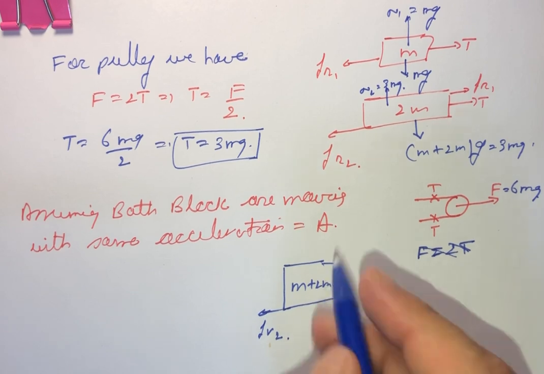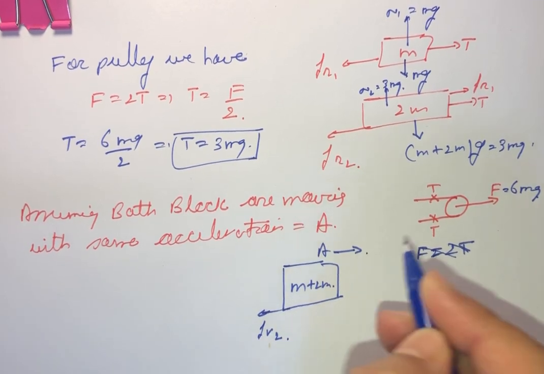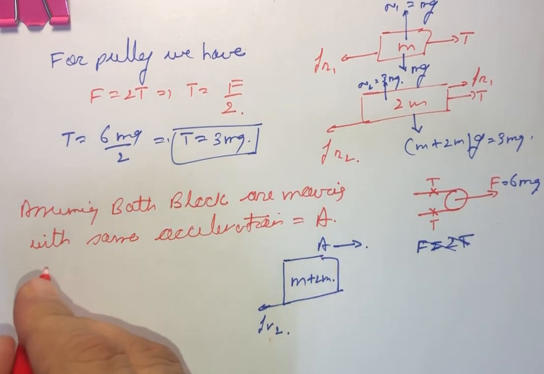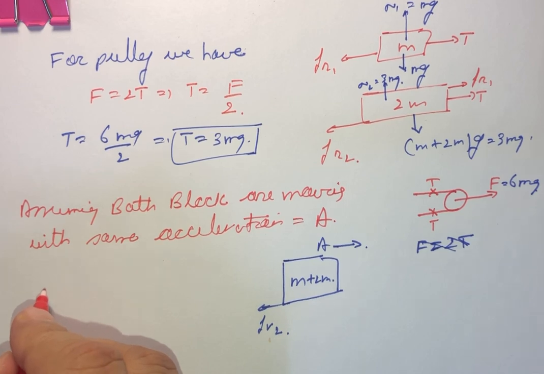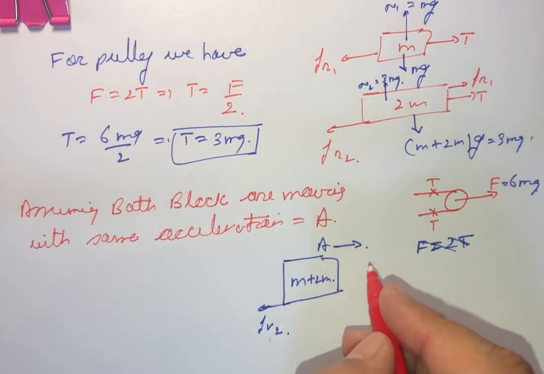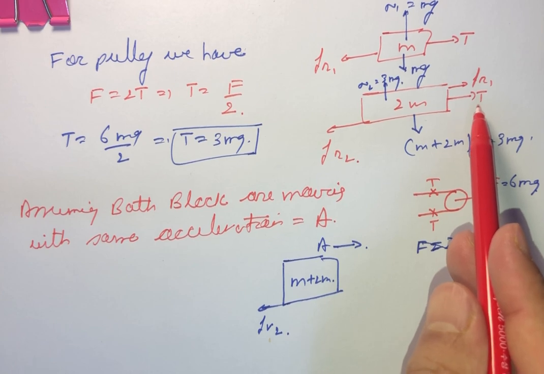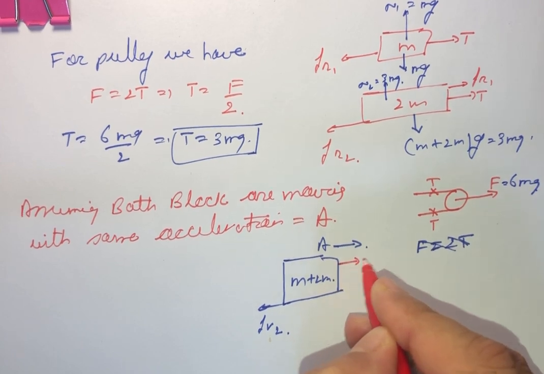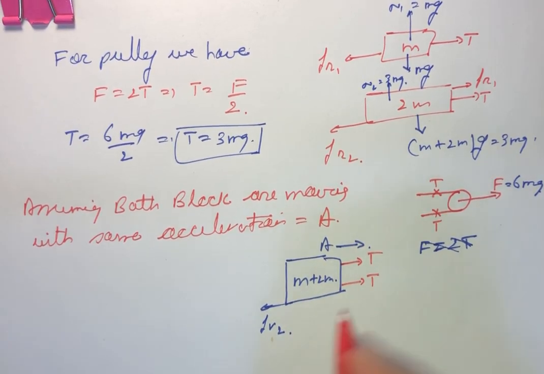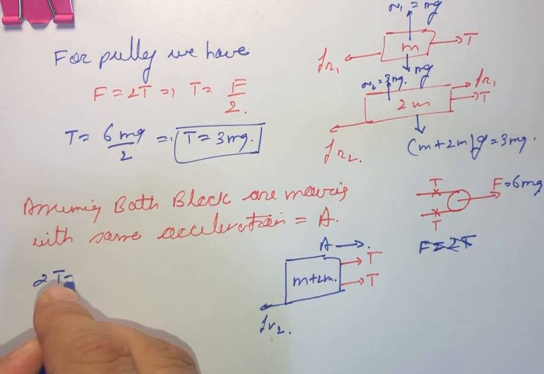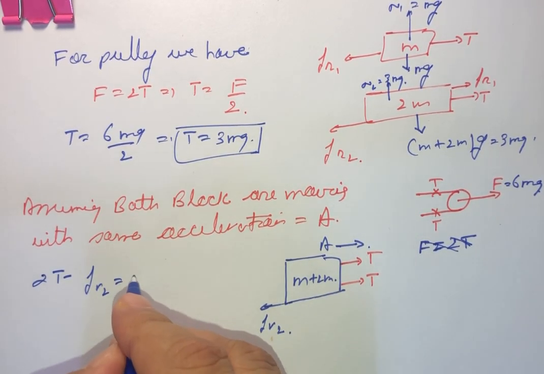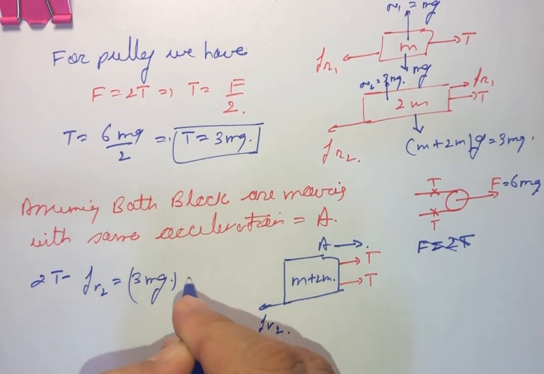Okay, and we can say there is acceleration A towards right side, so we can say that 3m into A. Okay, or we can say over this is tension T. Okay, or there are two forces, T as well as T, so we have 2T. So from here we can say 2T minus FR2 is equal to 3m into A.